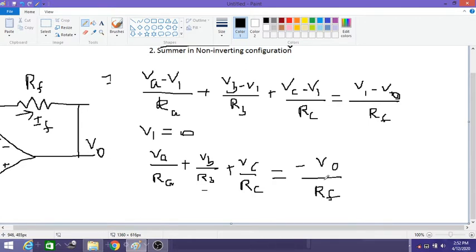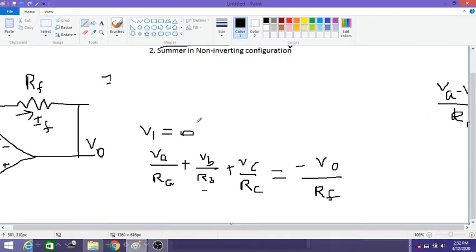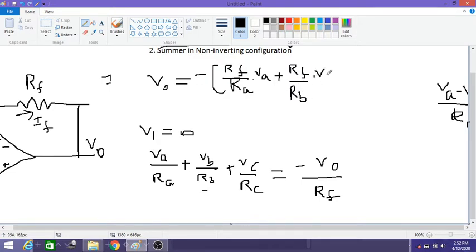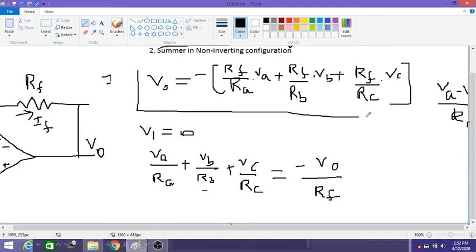If you rearrange this equation, I'll move this to the right side, and we have V0 equals minus of RF by RA into VA plus RF by RB into VB plus RF by RC into VC. So this is our final equation for the summer of inverting configuration.